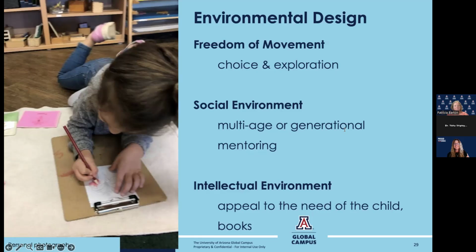In the social environment, Montessori classrooms are multi-aged classrooms, including a 3-year age grouping. So children from 2.5 or 3 through kindergarten are in this multi-age space. That allows for peer mentoring and support, so an older or more experienced child can support a younger child.